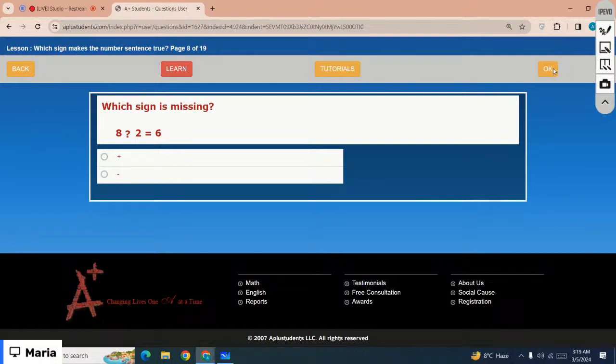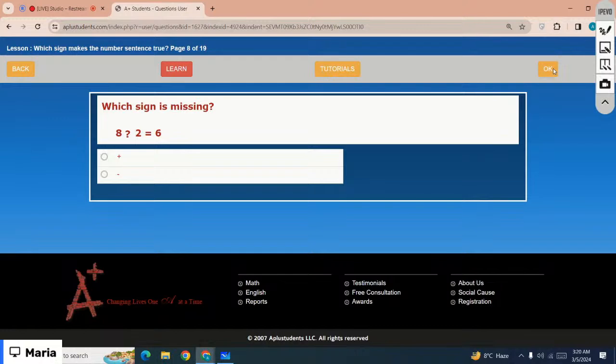Which sign is missing? So which is the correct option? The correct option is, you have to subtract, right? 8 take away 2 equals 6.